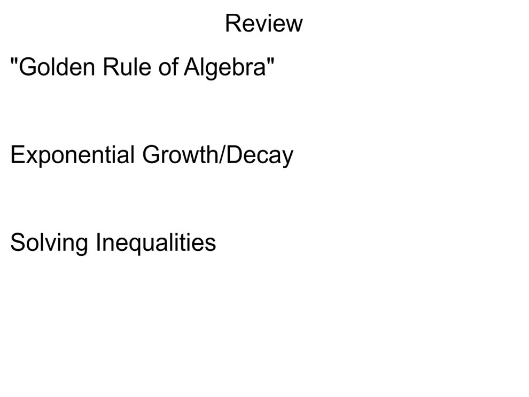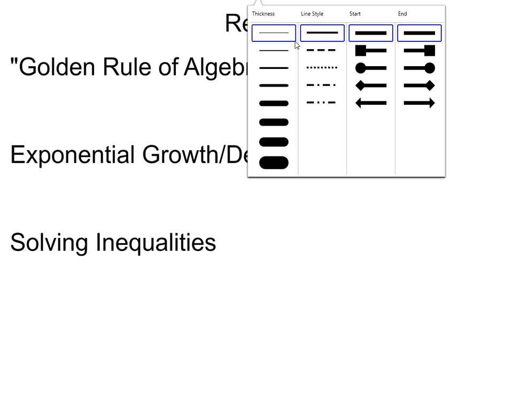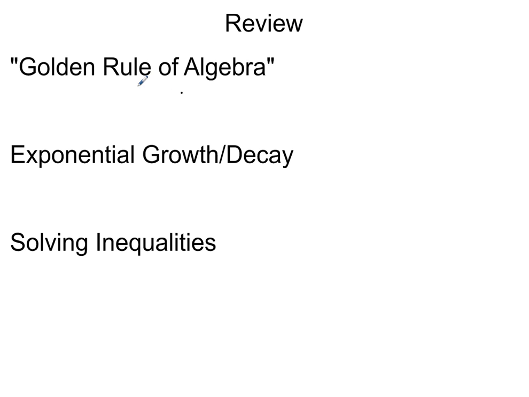So, first, let's review some things that we've learned previously. What I call the golden rule of algebra is simply a way of saying what you do to one side, you have to do to the other side. That's something you have to do to make sure that you do not change anything in the equation.